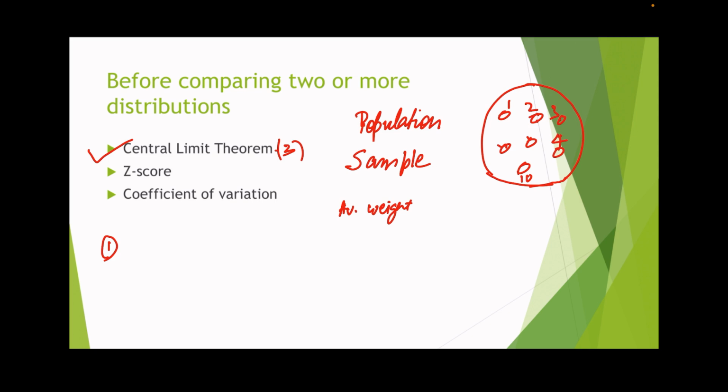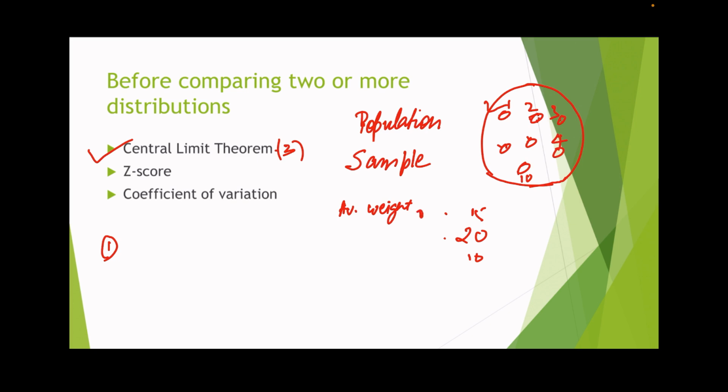So for every sample we are plotting the mean. For sample 1, the mean is 15. For sample 2, the mean is 20. For sample 3, the mean is 10. Similarly, we have 10 samples, so we will get 10 means.